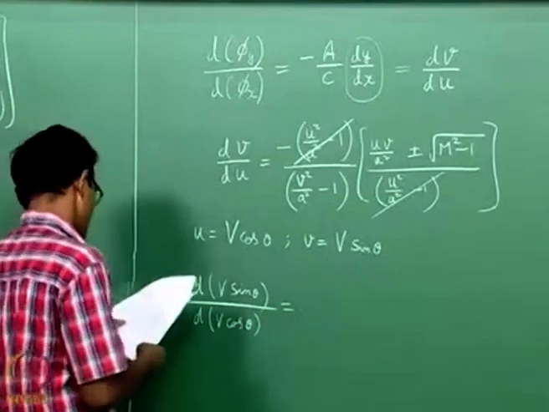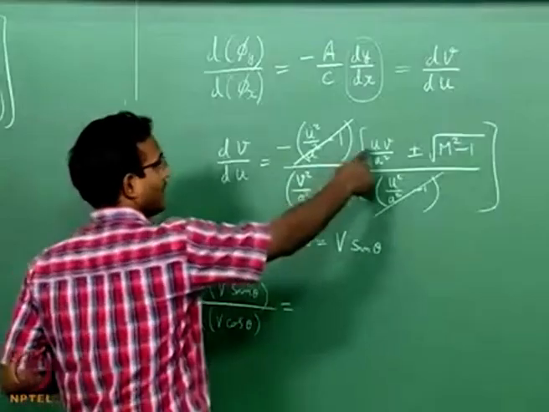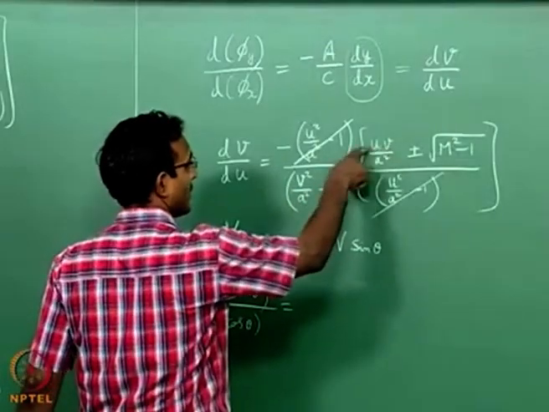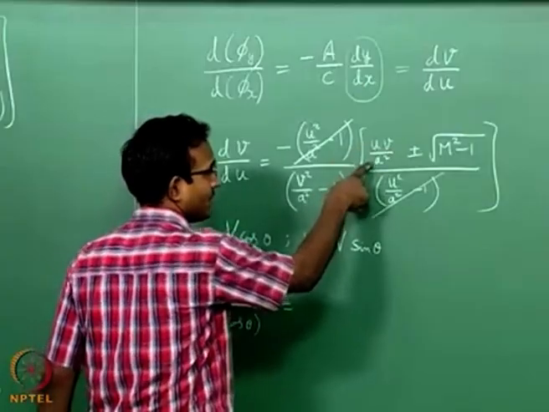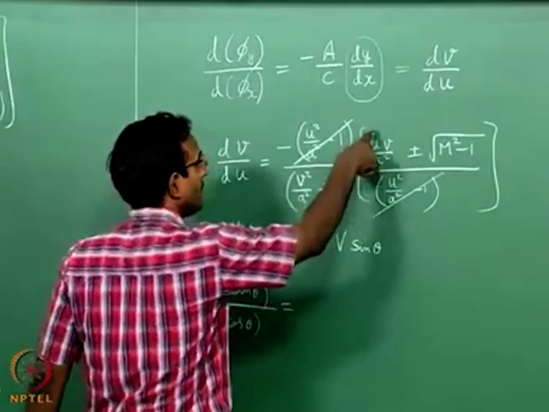This is equal to, you know how it comes out, there is going to be capital V square coming out from here. Capital V square by a square is my Mach number square, and the remaining will be cos theta sin theta.